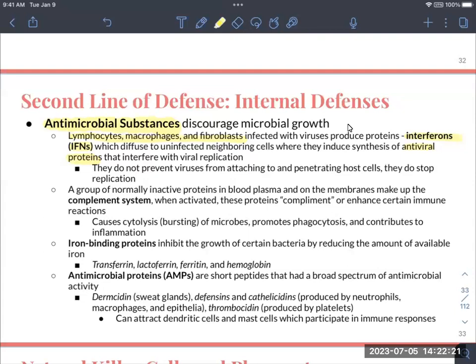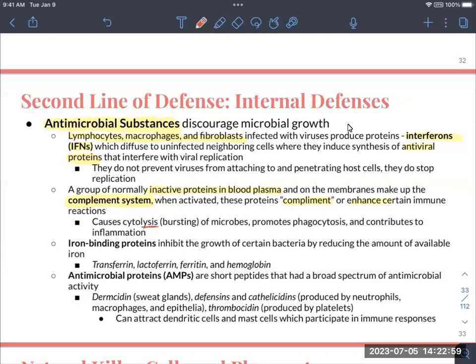We also have some inactive proteins that are found in our blood. We have some of them on different cell membranes that are known as the complement system. They remain inactivated, but if something were to activate these proteins, they're known as complement proteins because they enhance immune reactions. They can cause cytolysis.